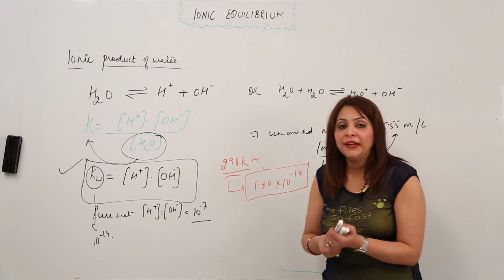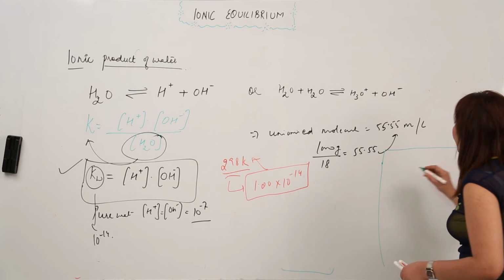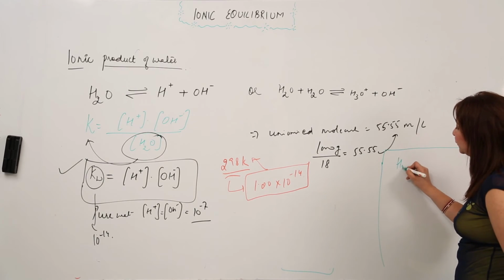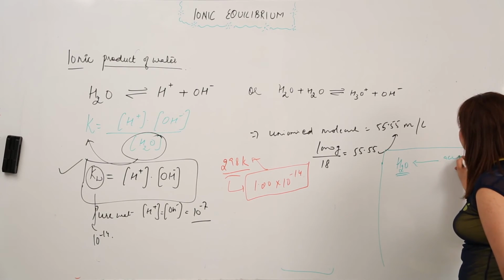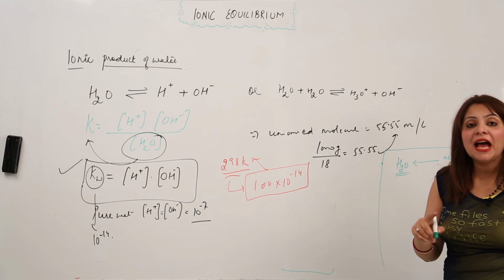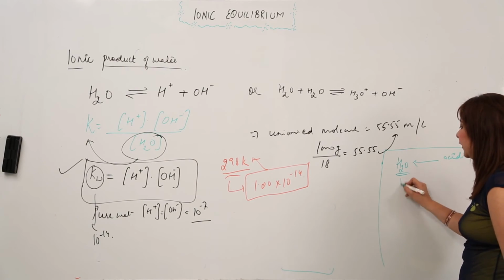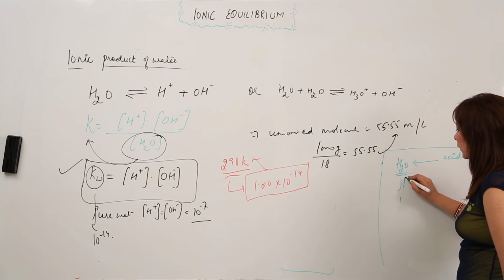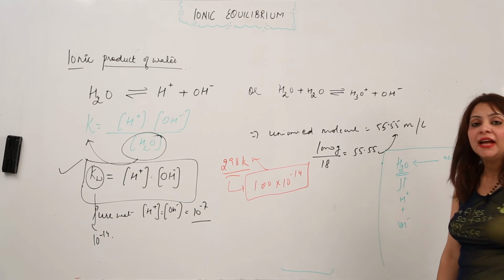Now in the next example, I have taken water and I am adding acid to it. I know that it is in ionic equilibrium with H+ and hydroxide ion.